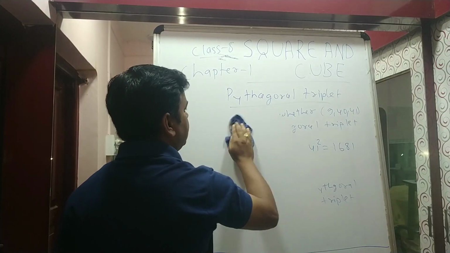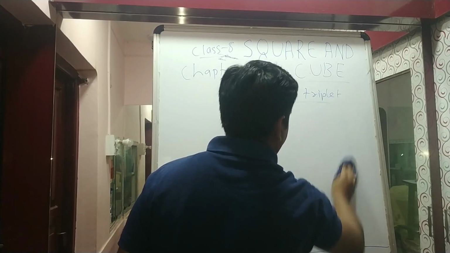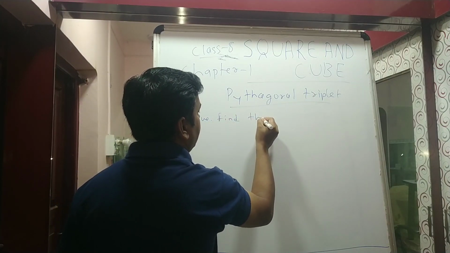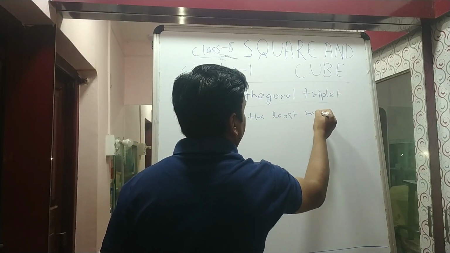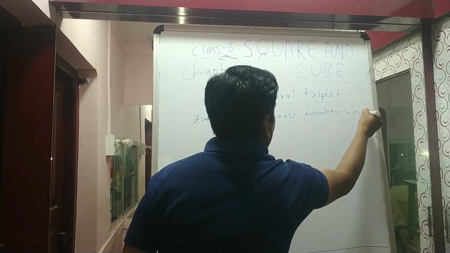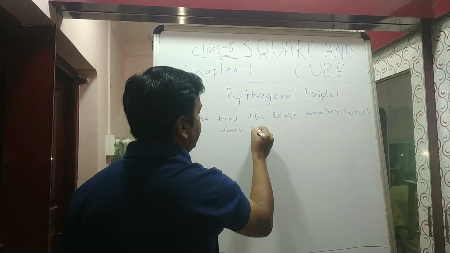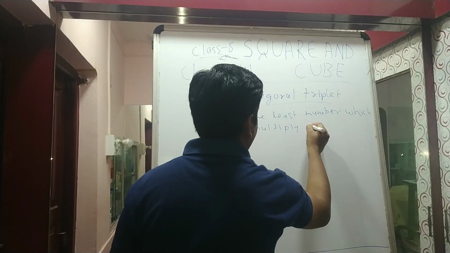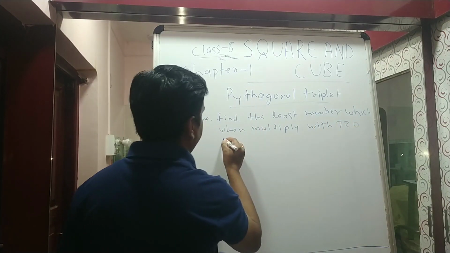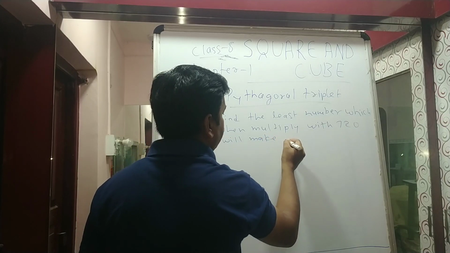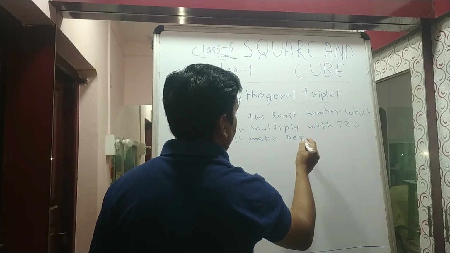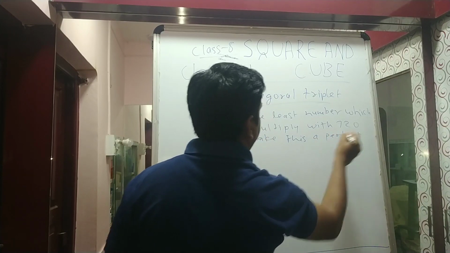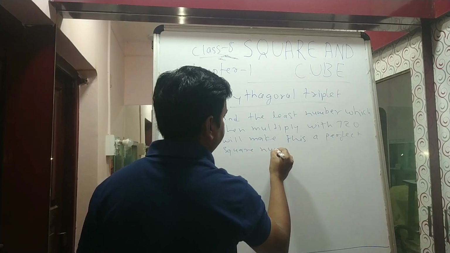Suppose there is a question given to you that find the least number which when multiplied with 720 will make this a perfect square number.